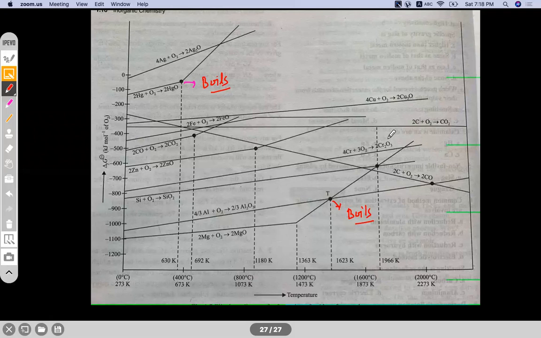Third feature you write down: the free energy change increases with increase in temperature.